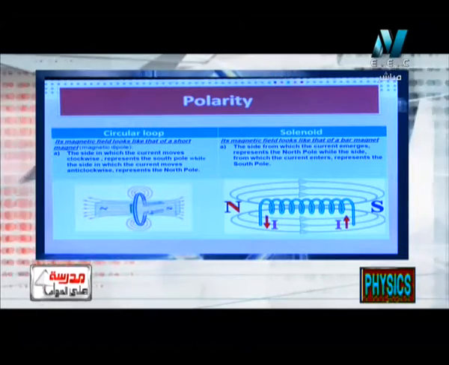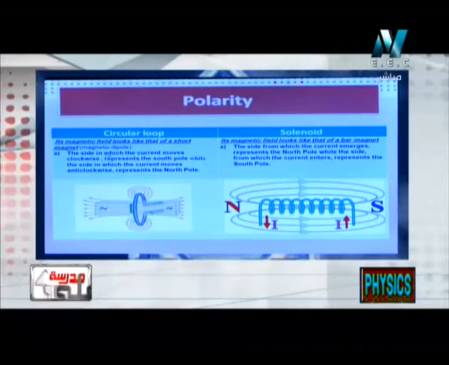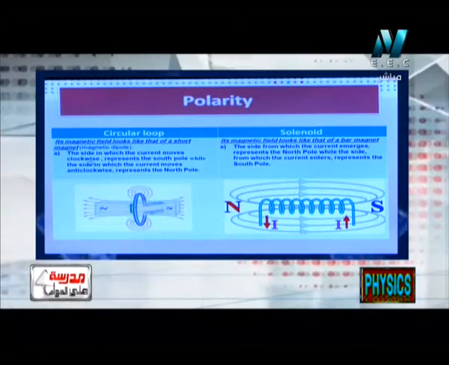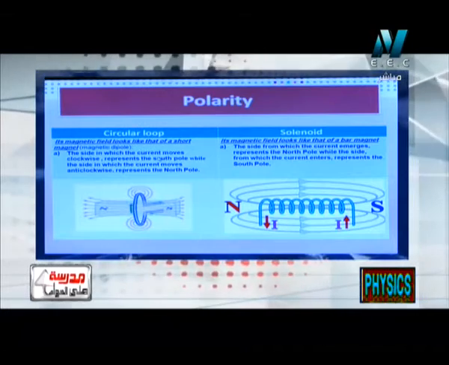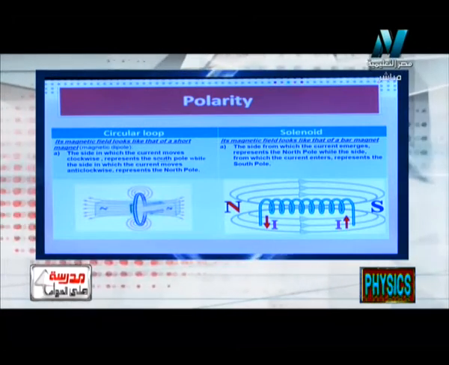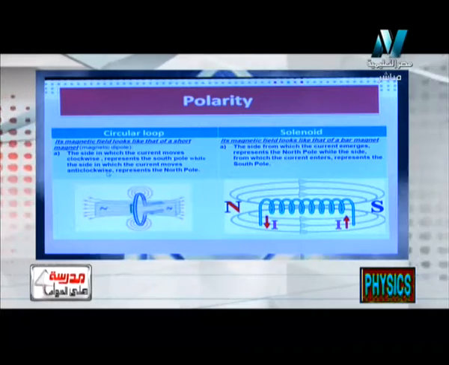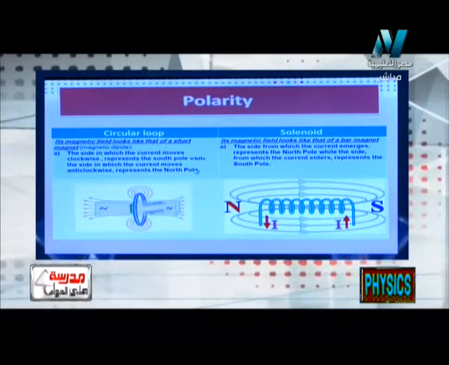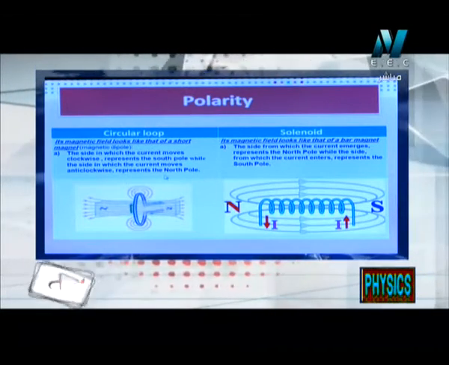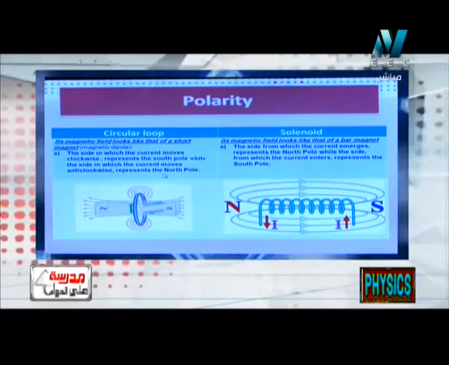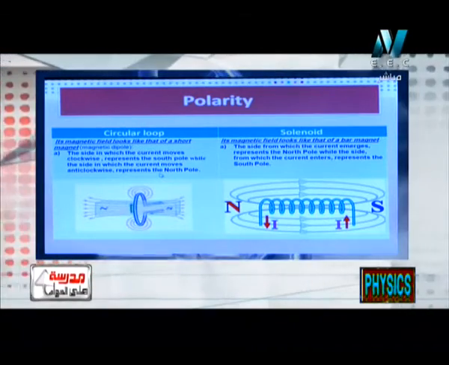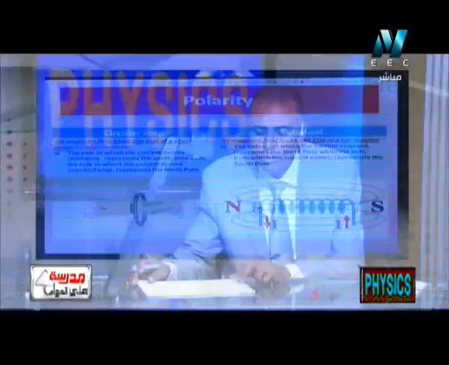As we see here, the side in which the current moves clockwise represents the south, while the side in which the current moves anti-clockwise represents the north pole. This rule is called the clock rule. To keep it simple for our students, we can depend on this diagram.